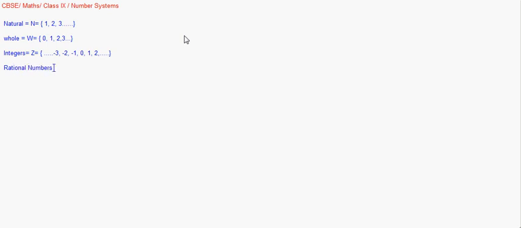Rational numbers are denoted by Q and include numbers, negative or positive, that can be represented in the form P by Q, where P and Q are integers and Q cannot be equal to 0. The collection of all such numbers is known as the collection of rational numbers and is denoted as Q.